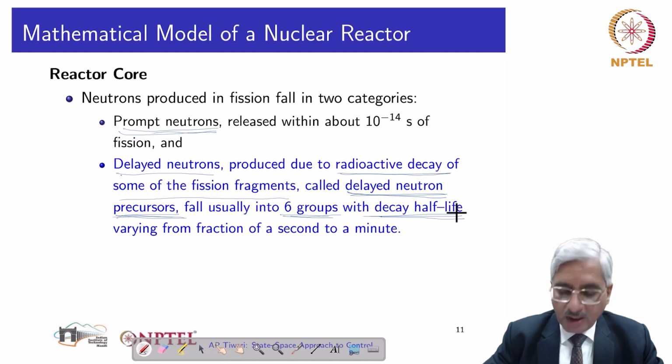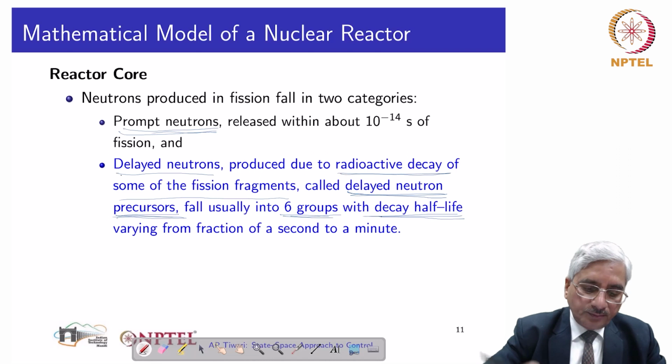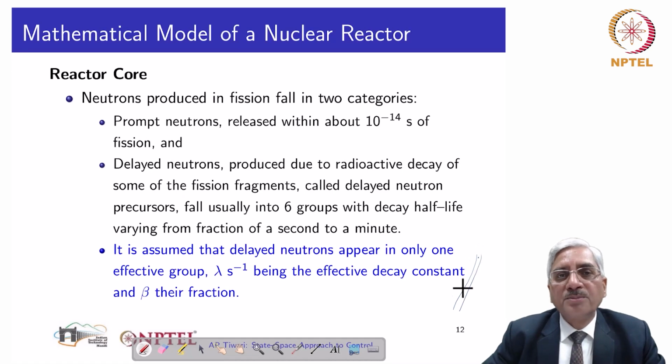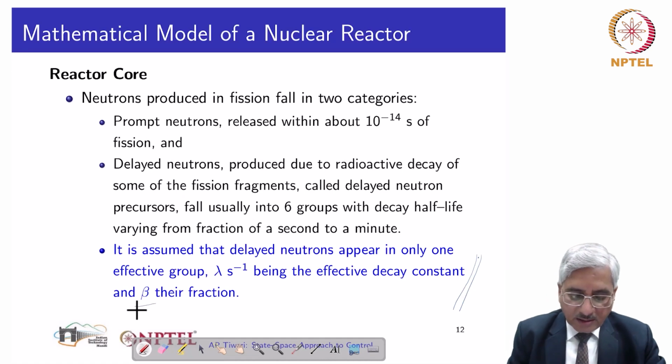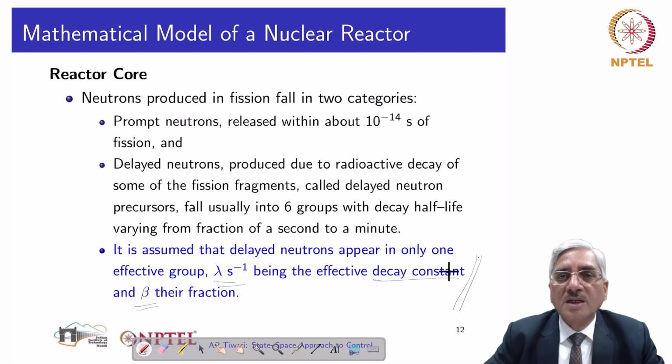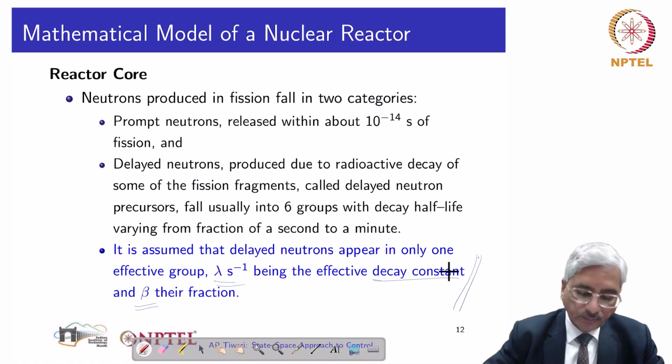So we lump all the delayed neutron groups into one effective group. Beta is its fraction and lambda is its decay constant. Decay half-life depends on lambda inverse.